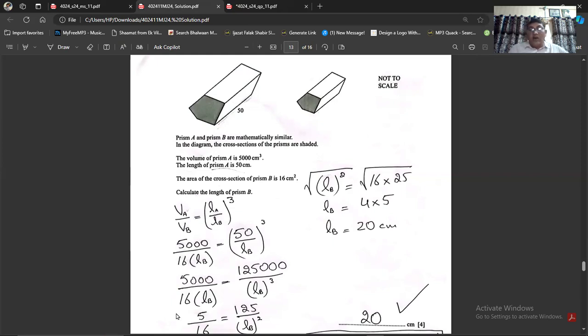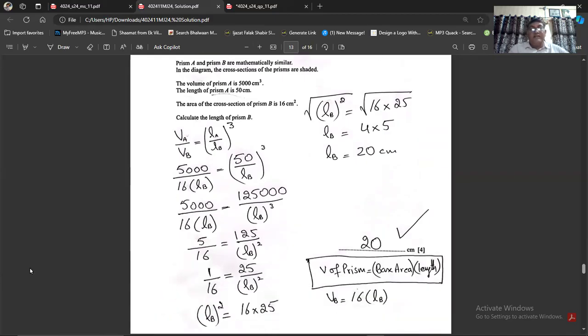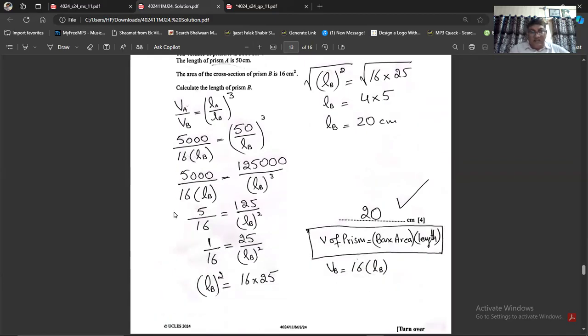Now what will happen here? These three zeros cancel. So 5 by 16 is equal to 125 by LB cubed over LB squared now. This one power is cancelled with this 3 power, so now you have a power of 2 here.